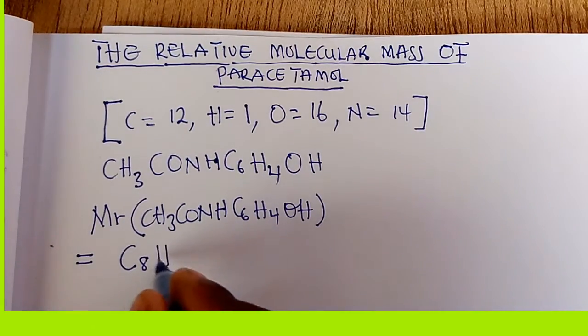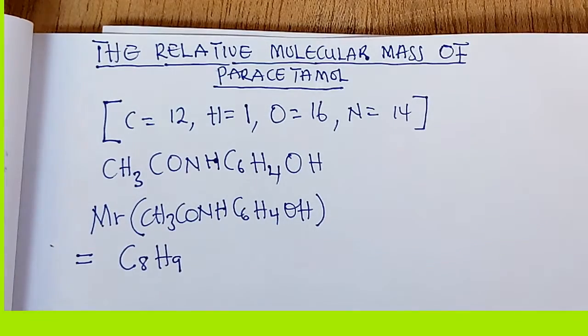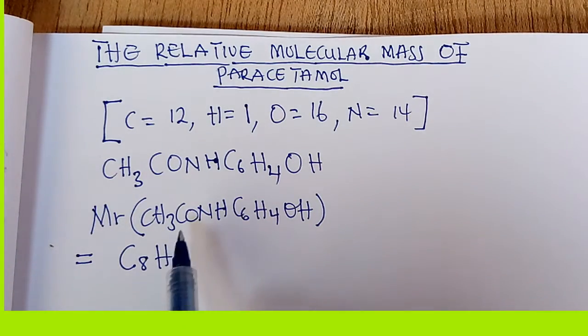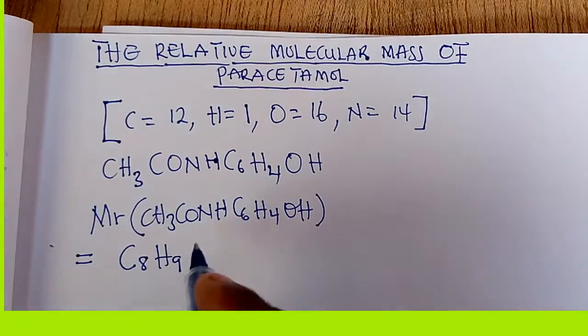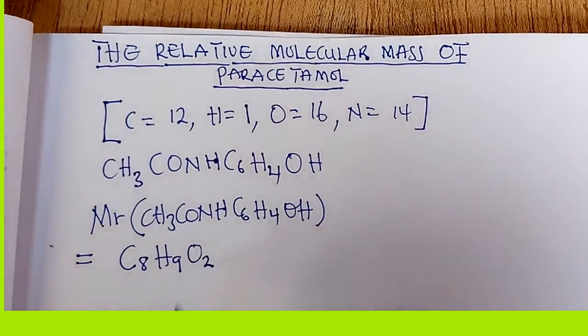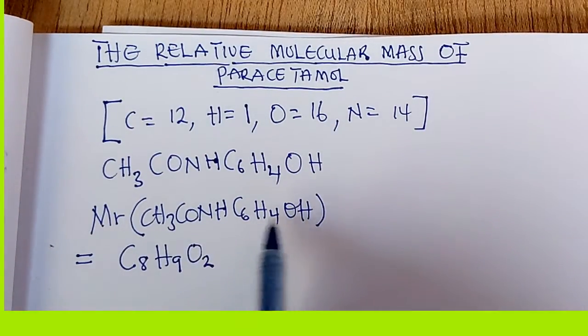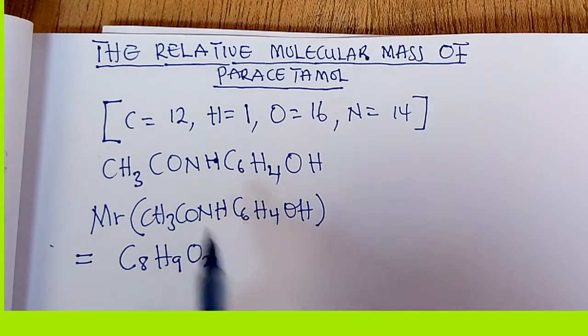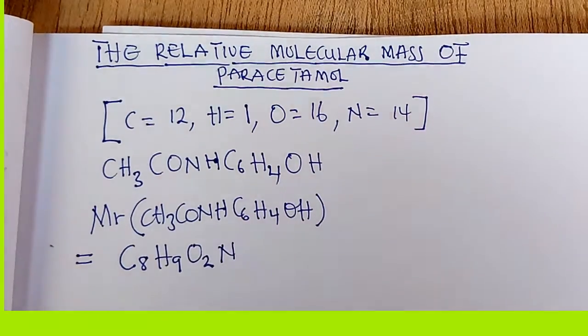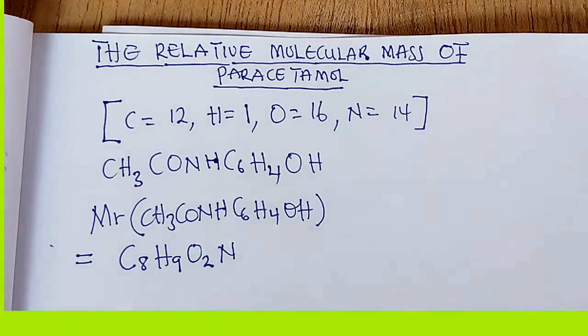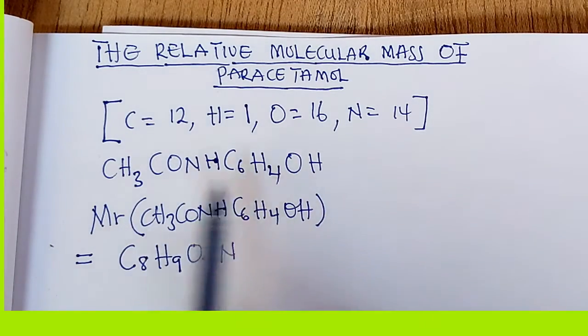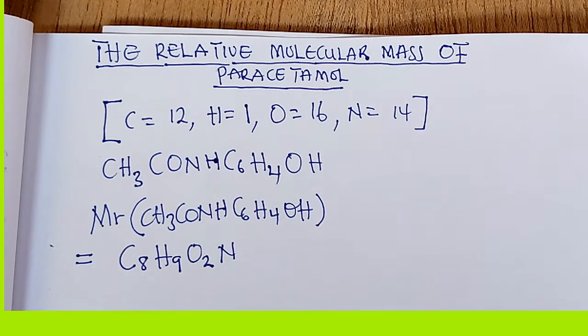So we can write H9. How many oxygens? One here and another one here, so O2. And only one nitrogen here. So the molecule has been reduced to this.